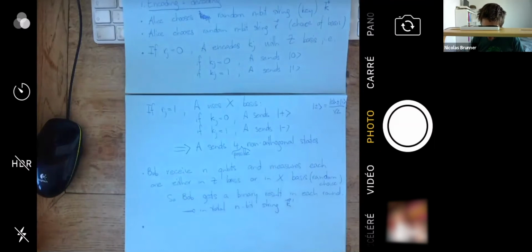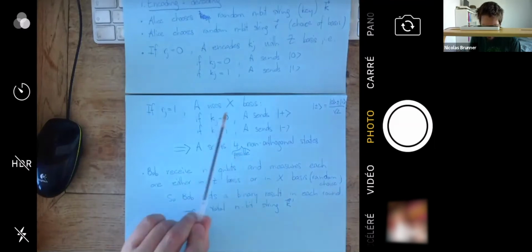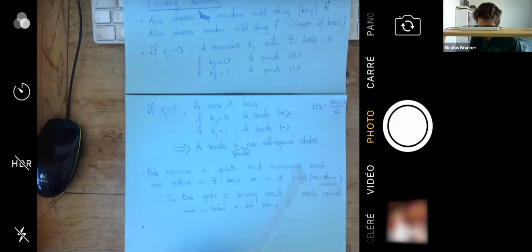The first observation is that whenever Alice and Bob chose the same basis, then K and K prime will match for these rounds.